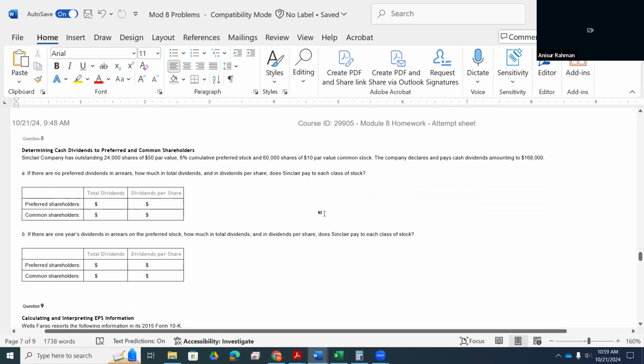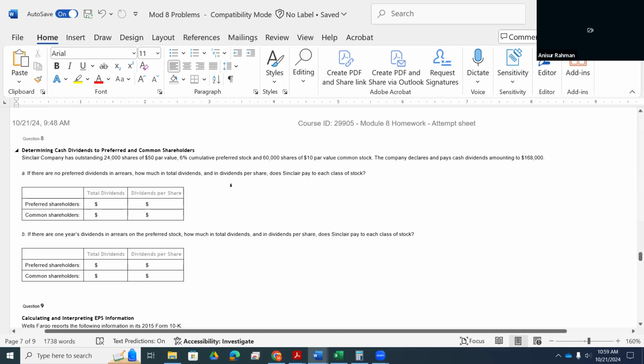So question 8 is telling us determining cash dividends to preferred and common shareholders. Sinclair Company has outstanding 24,000 shares of $50 par value, 6% cumulative preferred stock, and 60,000 shares of $10 par value common stock.